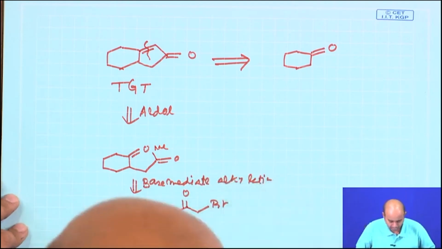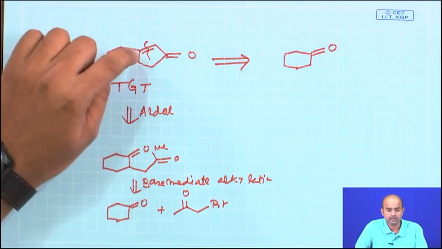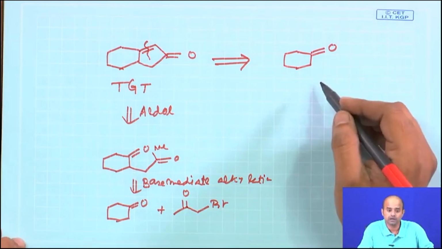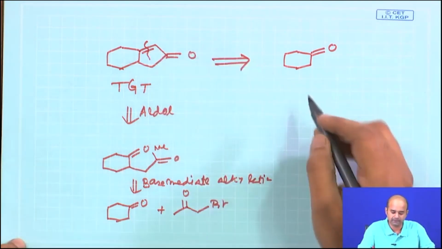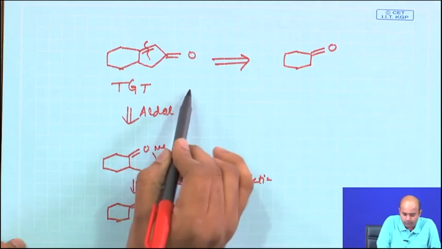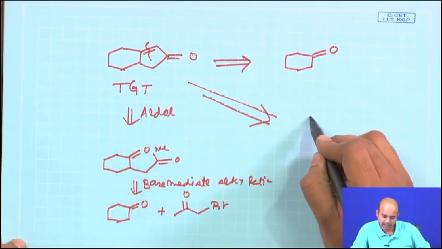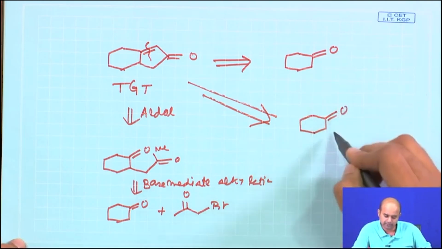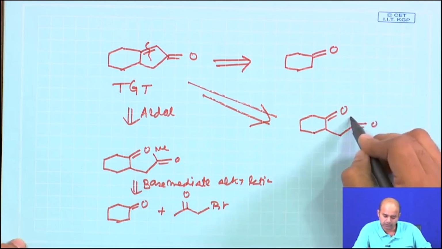Okay. Now, there are other ways you can do it. I said that if I give you a prerequisite that you cannot use aldol reaction as a main disconnection, I will have another retro which I will now discuss, and this retro is a little bit adventurous, and then we will try to find out how this retro is possible.